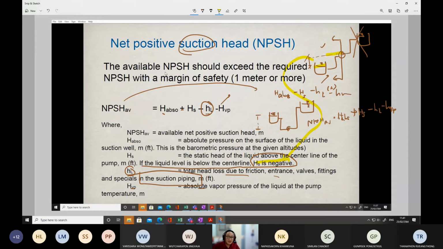You have to compare the NPSH available with the required NPSH, and the NPSH available needs to be greater than the NPSH required by at least 1 meter or above. So this is the requirement for the design, as a margin of safety.